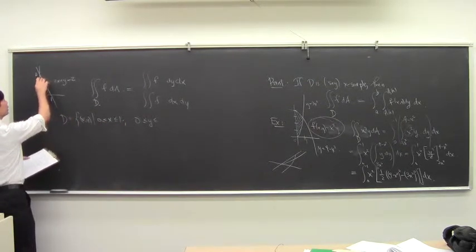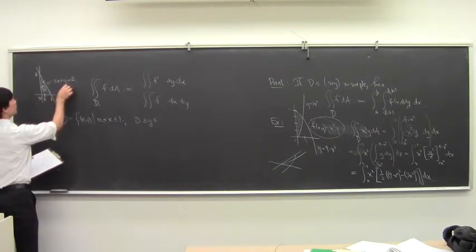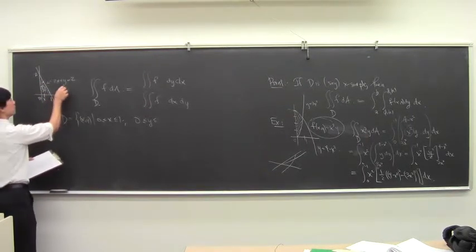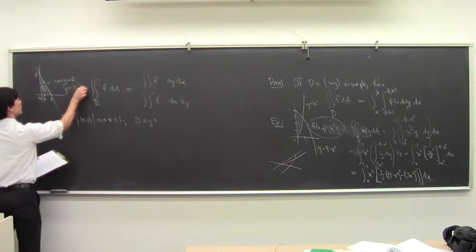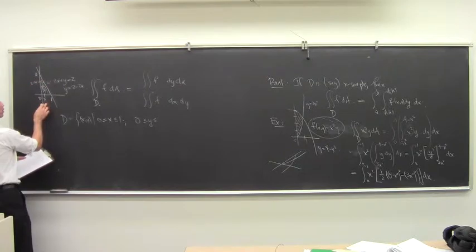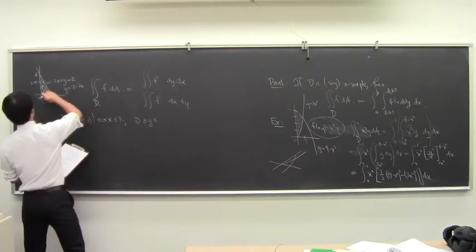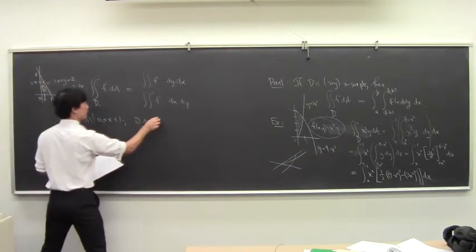And the upper bound is going to be dependent on x, right? If this is x, what is this height here? It's going to be 2 minus 2x, because y is 2 minus 2x. So for each x ranging from 0 to 1, the y's range from 0 to 2 minus 2x.